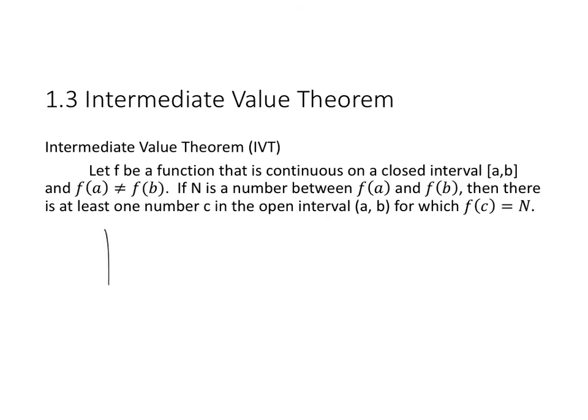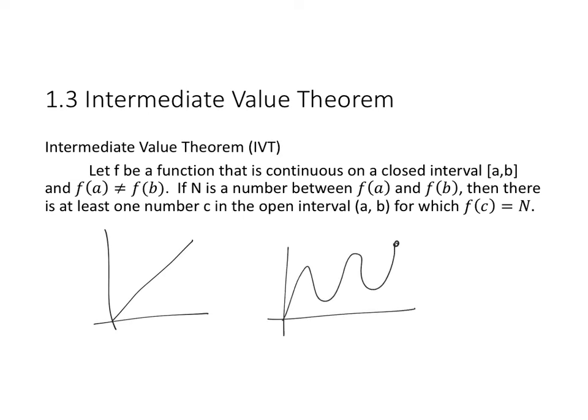So in my example of going 0 to 60, it could have been a straight line like this, or it could have been wavy lines that got me up to 60. And therefore, I might have hit 30 miles per hour a couple of times. But I had to hit it at least once. I don't get to go from 0 to 60 and not hit every number in between.